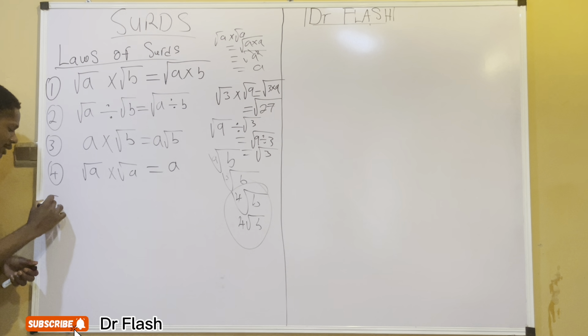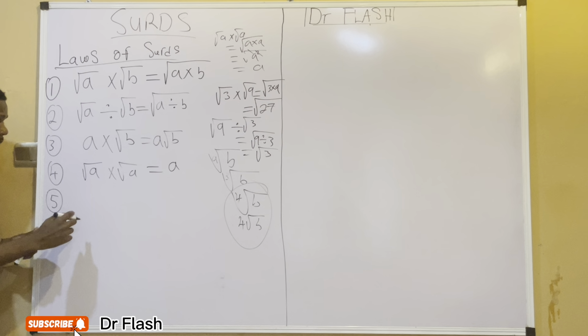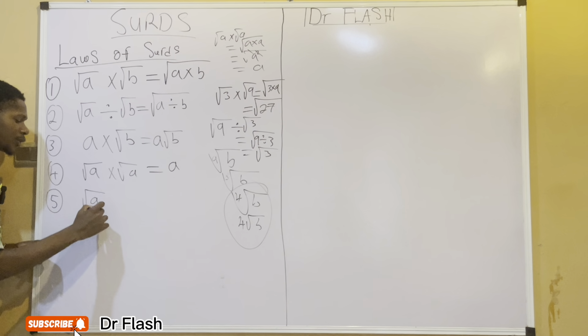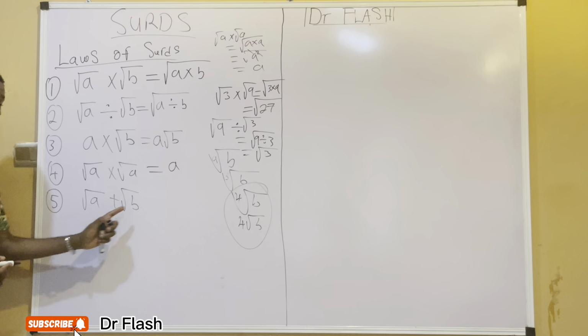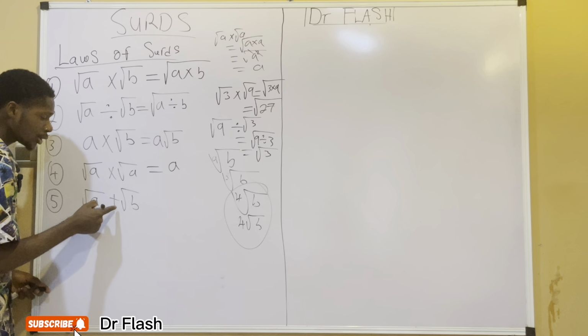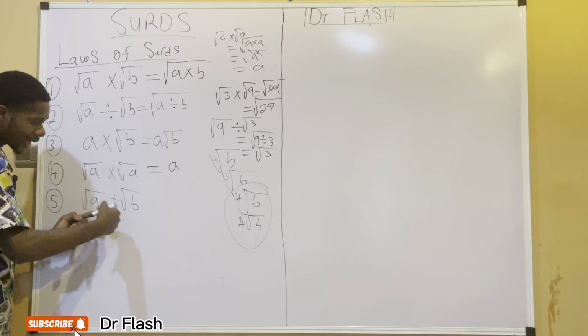Now, we talked about multiplication and division. For law 5 and 6, we are going to be writing the law in quite a different manner, such that we're going to be using plus and minus. So let's say we're having the square root of a plus the square root of b. Now take note, in the laws of surds, we cannot add these two things together. That is, we cannot pick a square root and add what is inside.